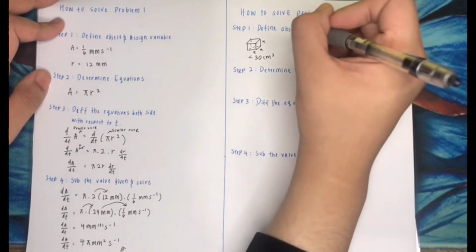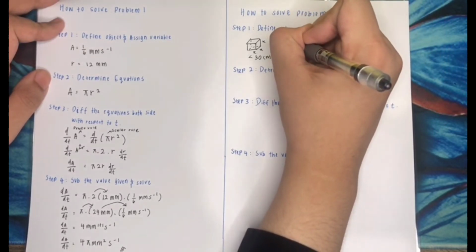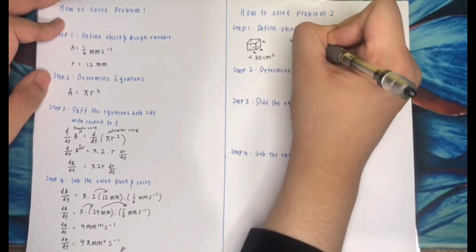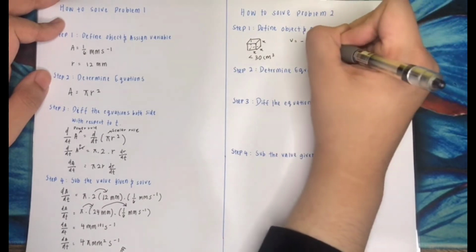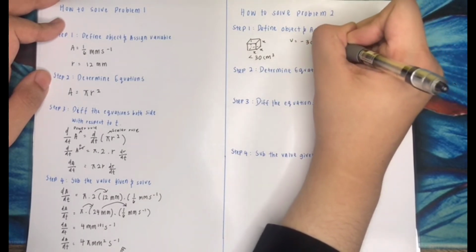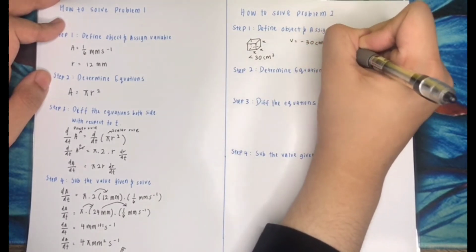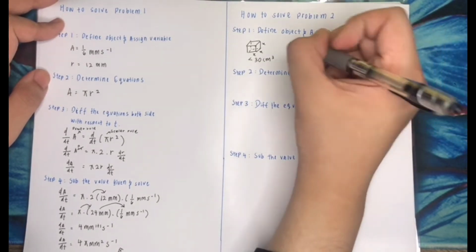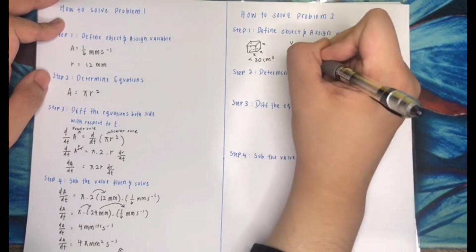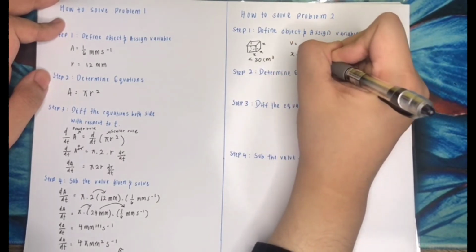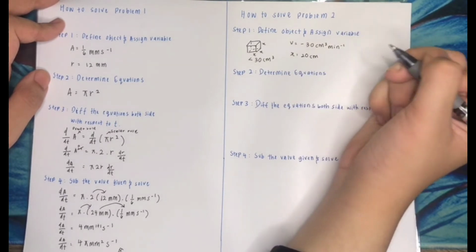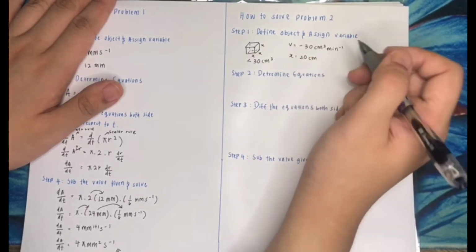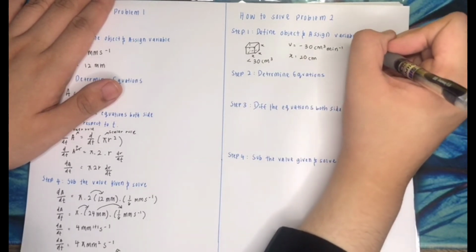The rate of change of the volume of the ice is negative 30 cm^3 min^-1. For x, it is 20 cm. I got x from the question: the side length of the cube is 20 cm.